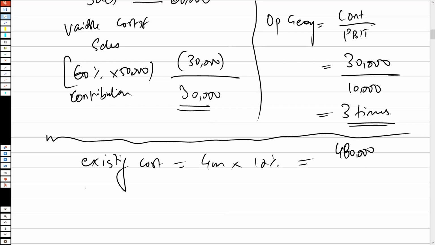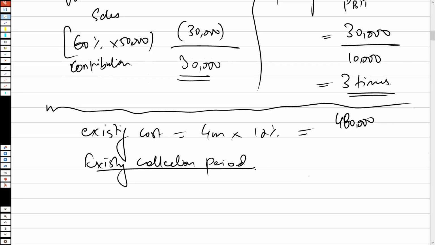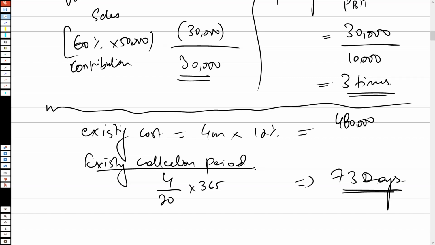Now, the existing collection period is 4 upon 20 into 365 days. That is basically 73 days. The existing collection period is 73 days.